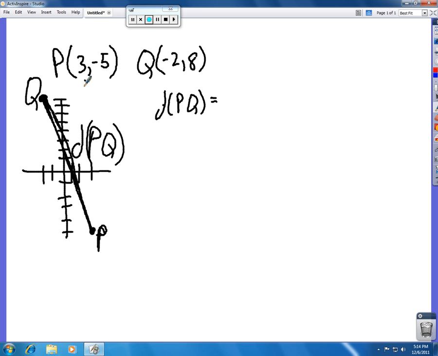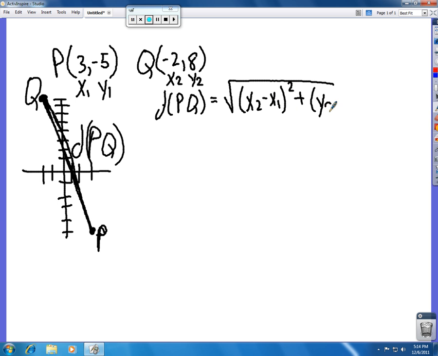And again, let's just go ahead and do this as x1, y1, x2, y2. So we'll have the general formula again: x2 minus x1 squared plus y2 minus y1 squared.